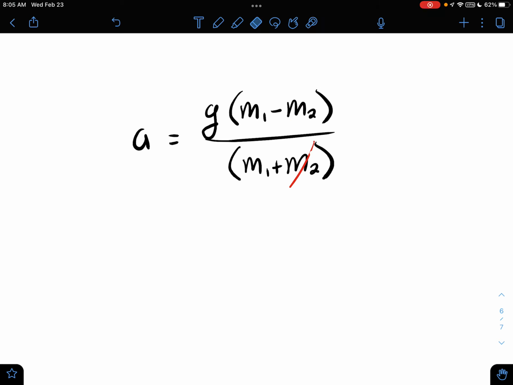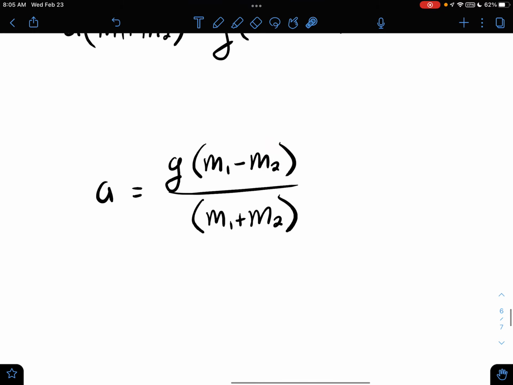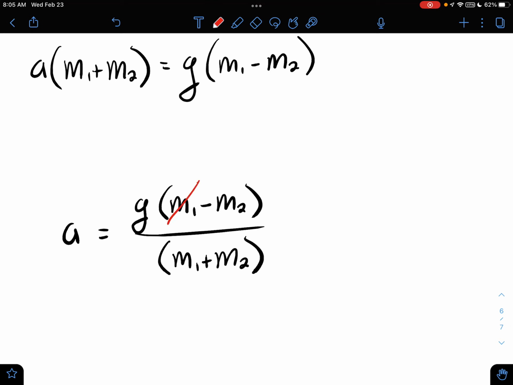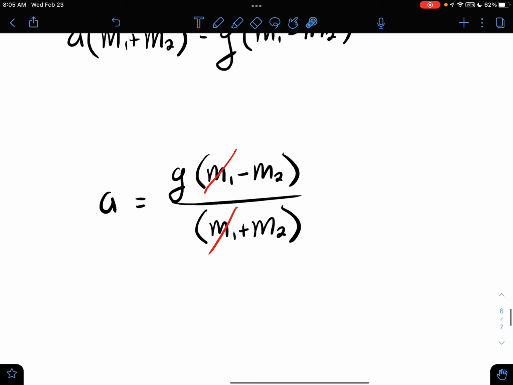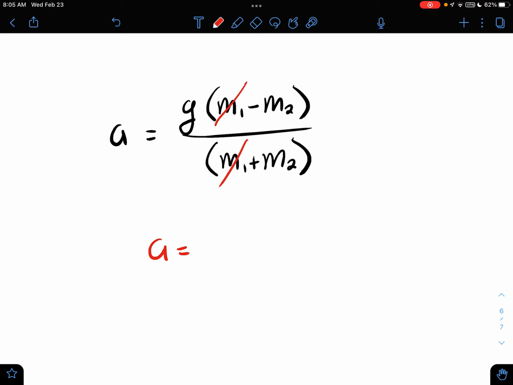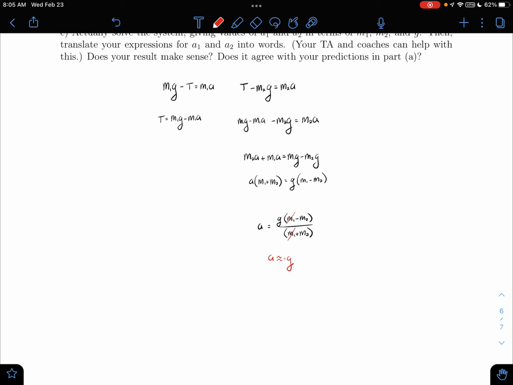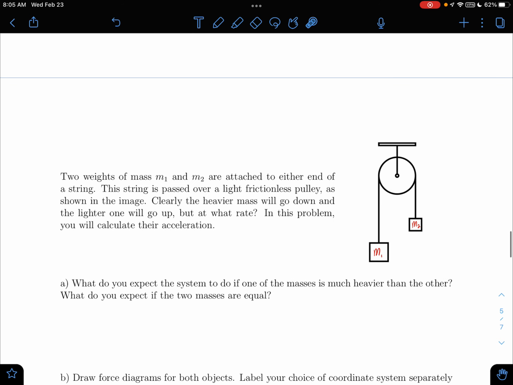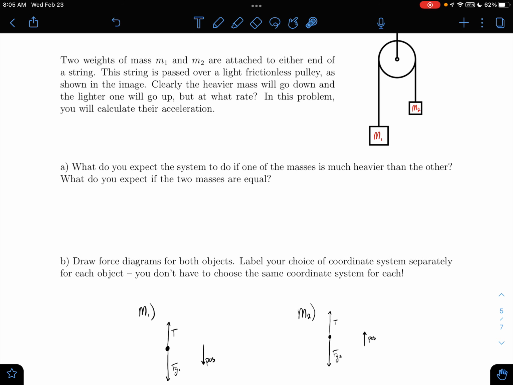Now, if M2 is much bigger than M1, we can say the same thing. Suddenly the mass M1 is negligible. If M1 is 0, suddenly we have M2 over M2 in the negative direction. Our acceleration is going to be pretty close to our negative G. Actually, if M1 is 0, our acceleration is going to be exactly negative G, which makes sense with what we were thinking.